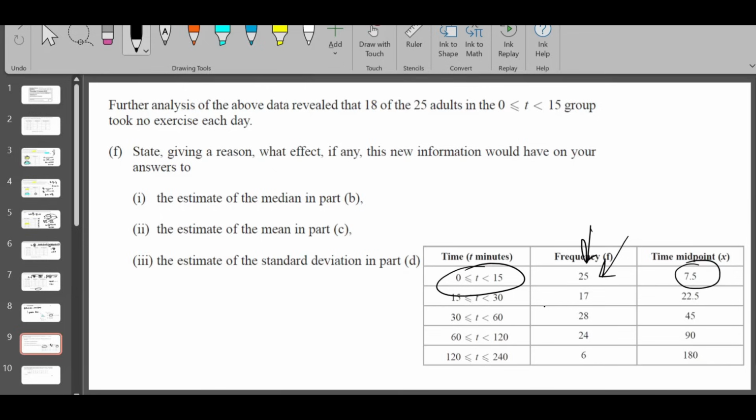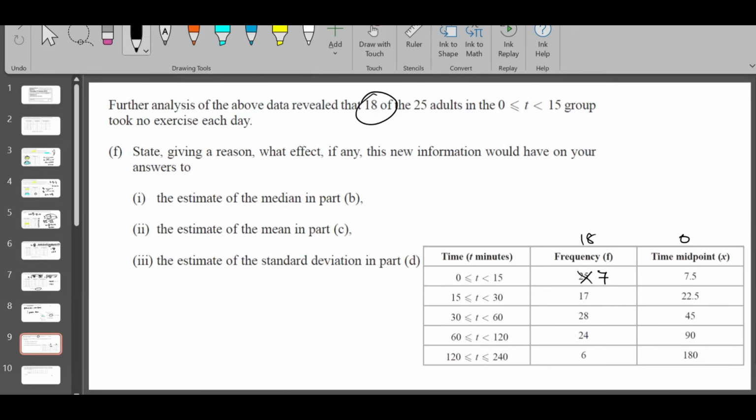Not for the median, but to find the mean. So that's how we assume, right? But now it says 18 of them no exercise. So instead of 25, it's going to be 7 now, right? Because 18 of them it's 0, so for 18 of them there is no midpoint, it's going to be 0.